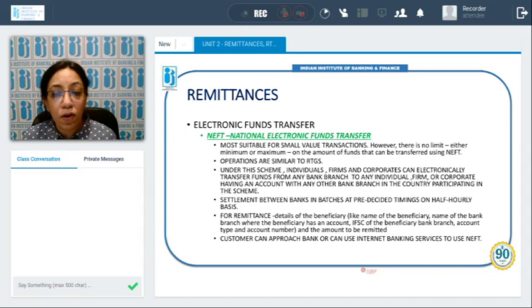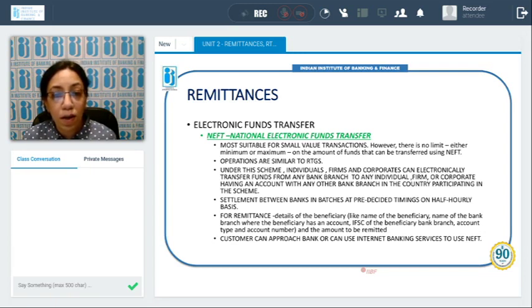Another form of electronic funds transfer is NEFT, which is called National Electronic Funds Transfer. This is most suitable for small value transactions. However, there is no limit, either minimum or maximum, on the amounts of funds that can be transferred using NEFT. The operations are similar to RTGS.